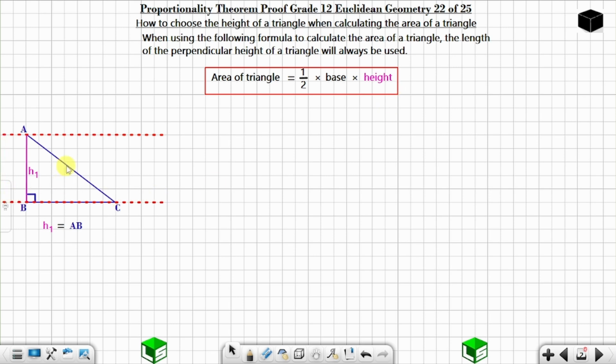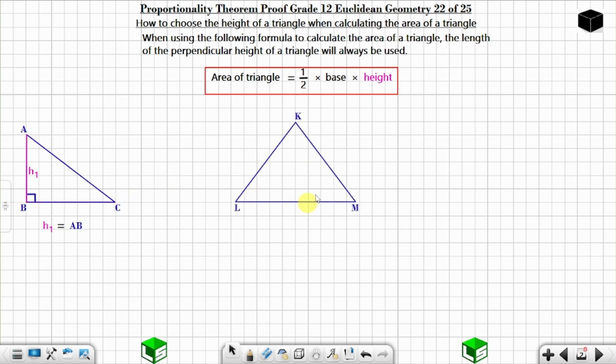Okay, you can have a line as this one between the two parallel lines perpendicular to this line. This can also be considered the height to be used in this formula, or this line perpendicular to this line. This can also be considered the height to be used in this formula. So, in the case of a right triangle, this is obvious.